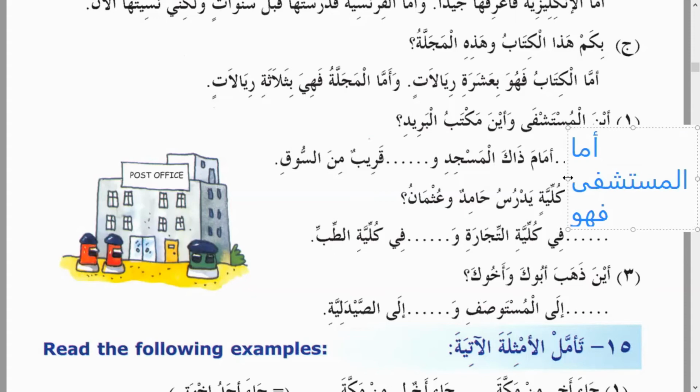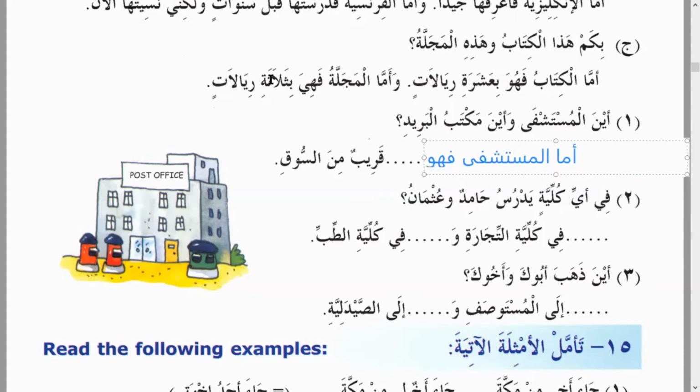As for the hospital, فهو أمام ذاك المسجد. Right? As for the hospital, it is. أما المستشفى فهو أمام ذاك المسجد. It is in front of that masjid. قريب من السوق. Right? It is close to the market.